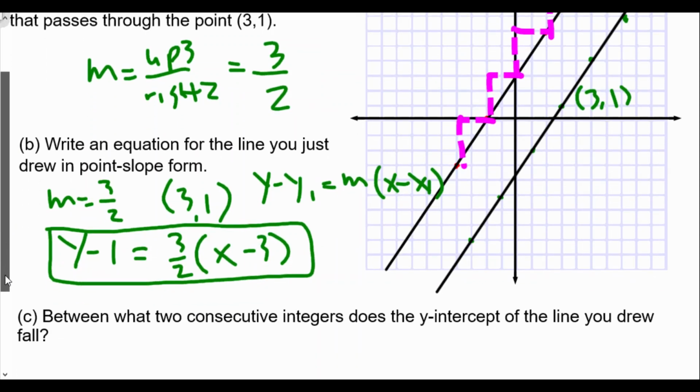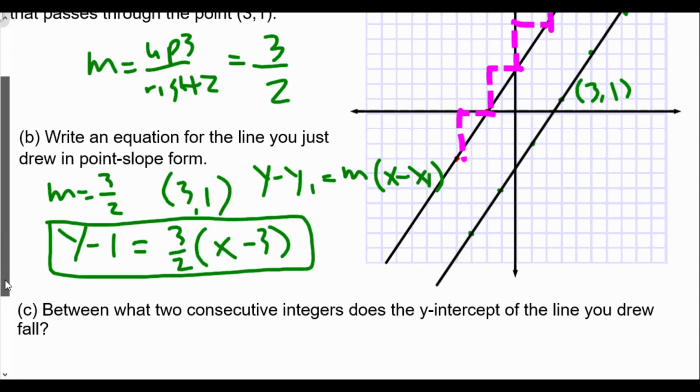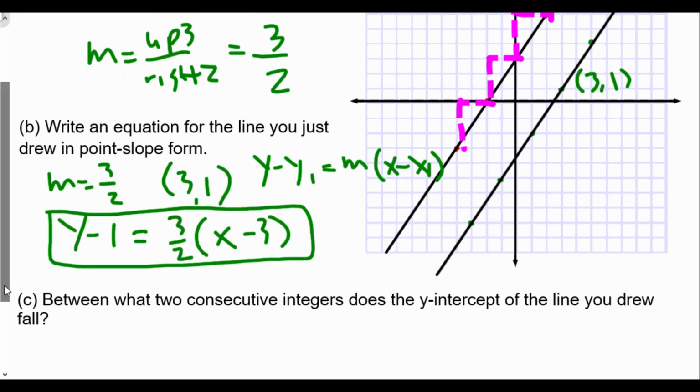Between what two consecutive integers does the y-intercept of the line you drew fall? Well, it looks like our y-intercept is going to be, and I'm going to plot this right here in green, somewhere over here, right?